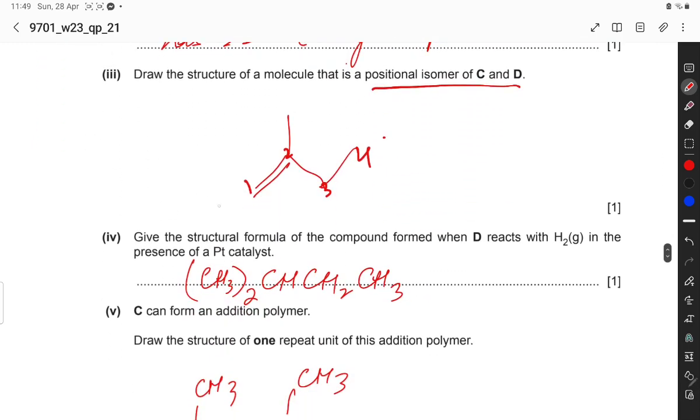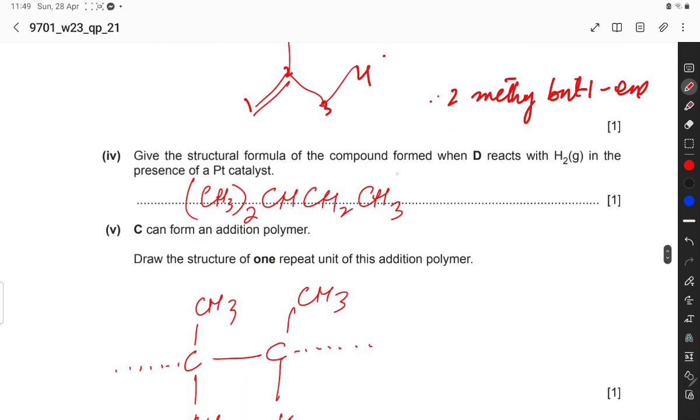So this is the structure, and this is 2-methylbut-1-ene.